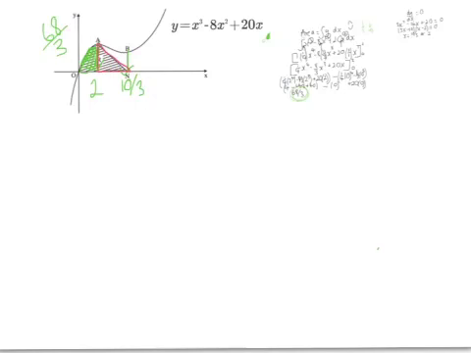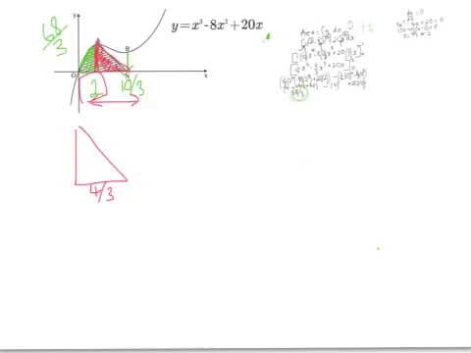So I reckon that that red area is a triangle. Area of a triangle is easy. So I've got to go between 2 and 10 over 3, so the difference of that is 4/3. And the height, now I've got to do the height. What's the height of this triangle here? That's a y value, and I know the x value.